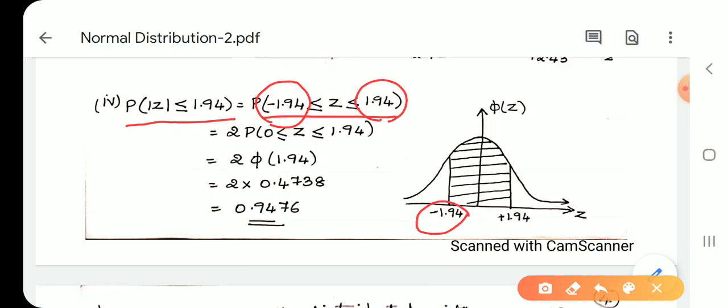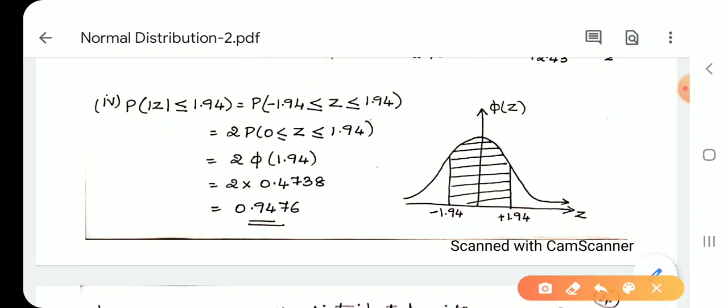Minus 1.94 lies in the negative side of the axis, and plus 1.94 lies to the positive side of the axis. Since this portion of the curve is exactly symmetric to the other portion, we can write it as 2 times P of 0 less than z less than or equal to 1.94.